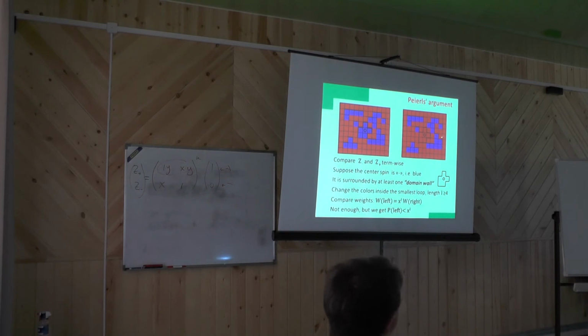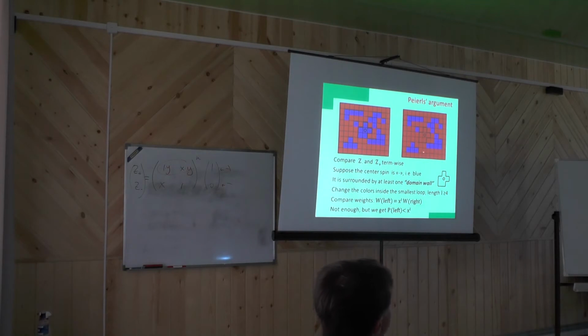So the only change in weight is along this domain wall. There are red-blue pairs which we have on the left and not on the right: this one, this one, this one. The perimeter of this wall is 1, 2, 3, 4, 5, 6, 7, 8, 9, 10, 11, 12. So there are 12 edges which separate red from blue, which disappeared when we move to the right.